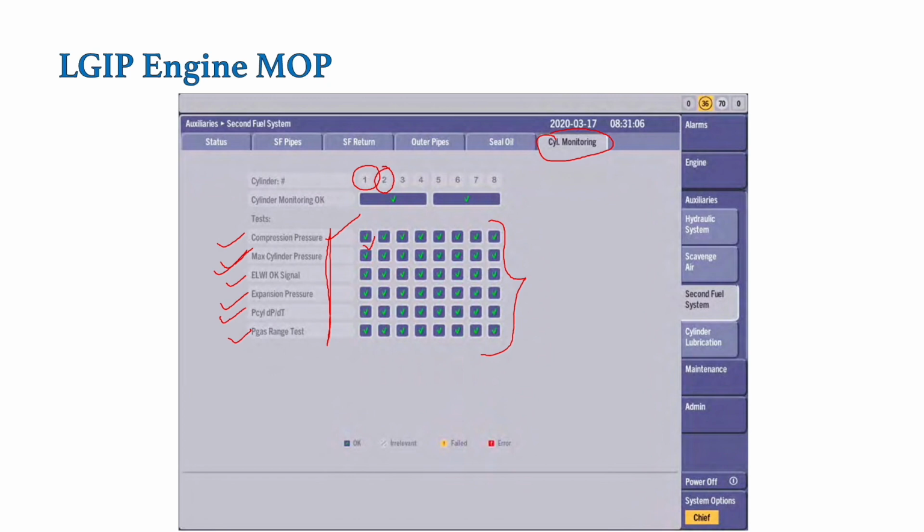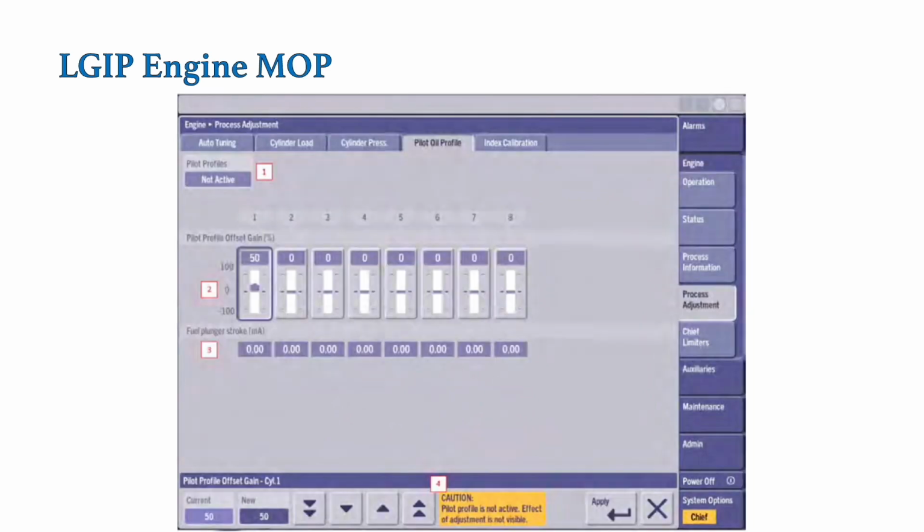So let's go on to the pilot profile screen of this MOP. Now we will discuss the pilot oil profile screen. Under the process adjustment tab, we can find this pilot profile screen. If the main engine is running on dual fuel mode, then this pilot profile will show active.